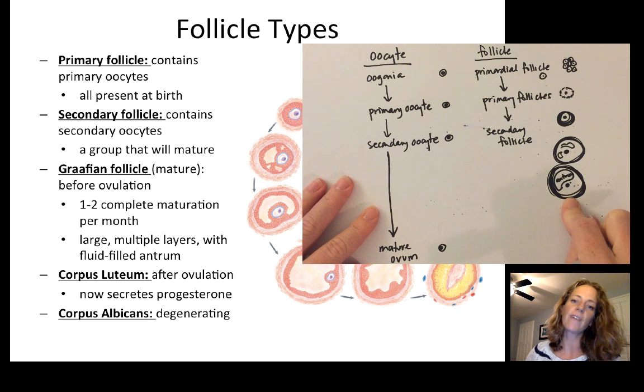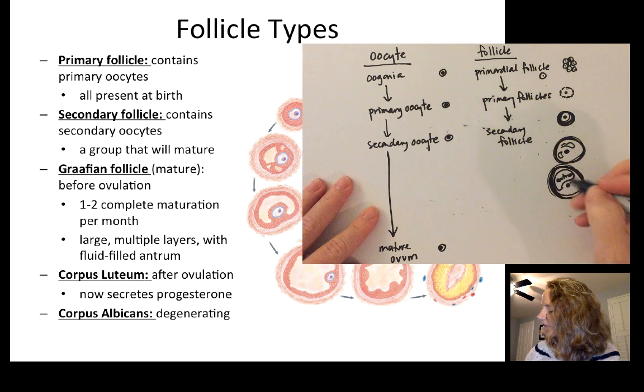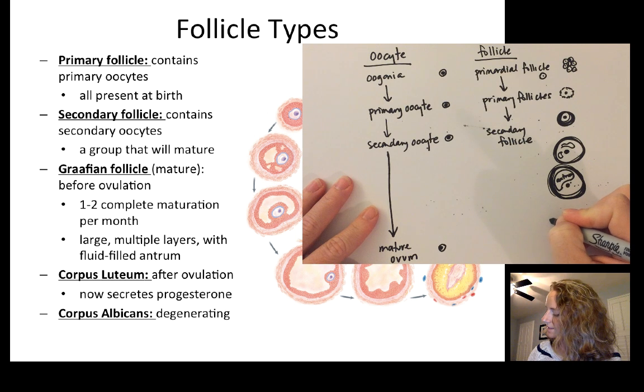These follicles are very big compared to primary follicles, and these are the follicles that are eventually going to rupture and open up and release the egg.